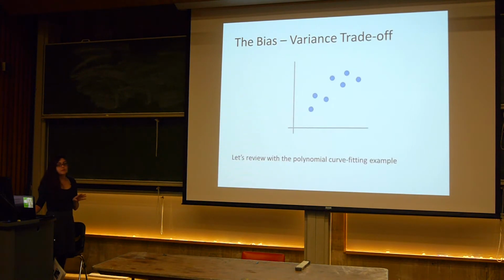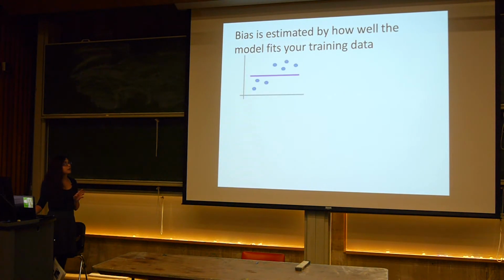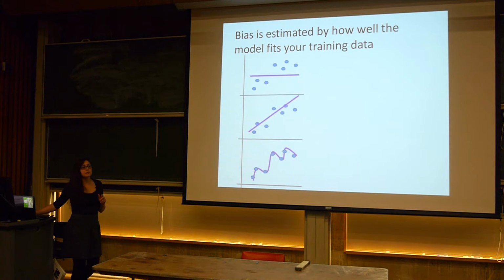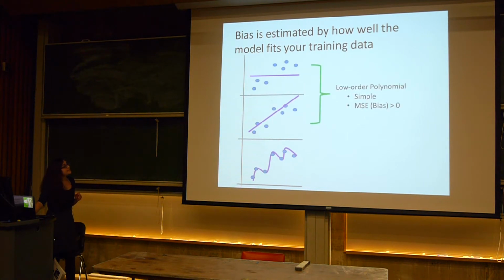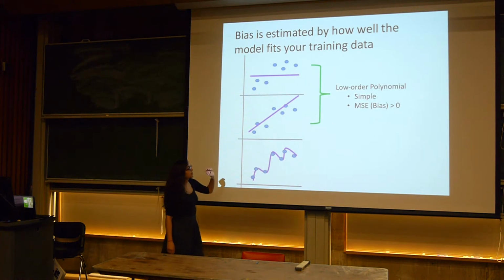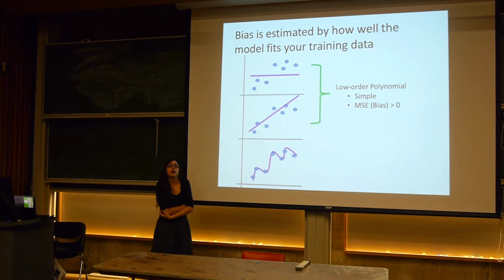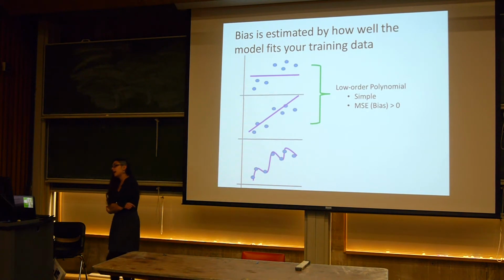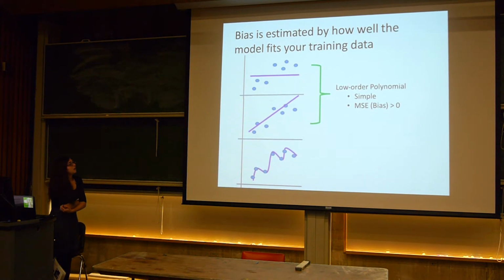So, how can I fit these points with a polynomial? The simplest thing I could do is just a constant. That's pretty bad. Or I could do a line. That's a little bit better. Or I could do something really high order, like a 9th order polynomial. In the simple cases, I haven't really fit my training data well, and so we would say that the bias is high, because how well I'm doing on my training data is limited by how complex my model is.